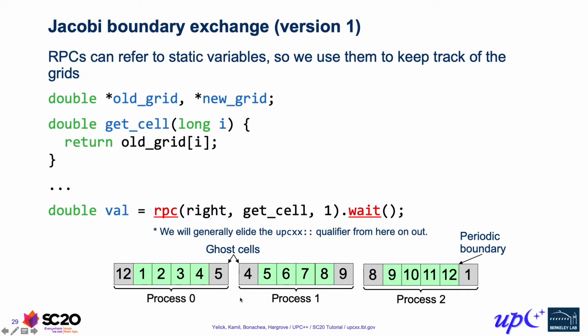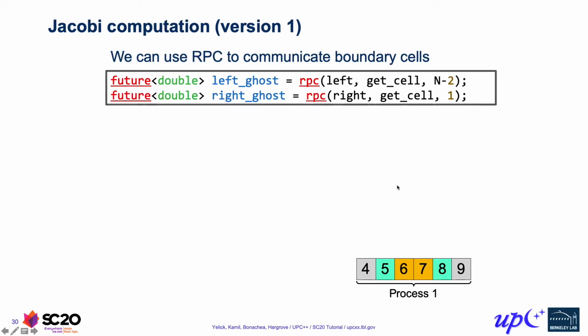Okay, and similarly, on the other end, if n is the size of the local grid, then n-2 gives us the right edge of our neighboring process over to the left. So putting those two together, here we're launching RPCs to both of our neighbors. Again, the n-2 element of our left neighbor and the index 1 element of our right neighbor.